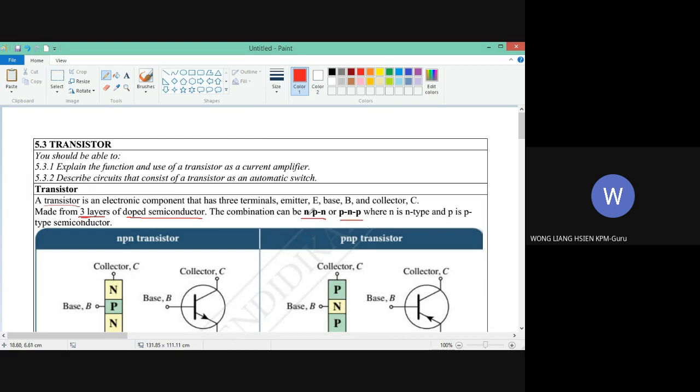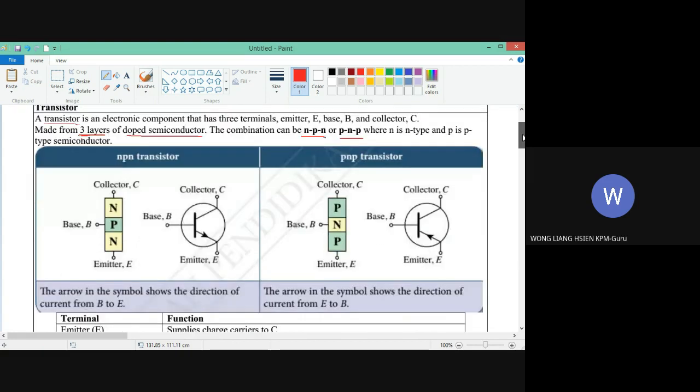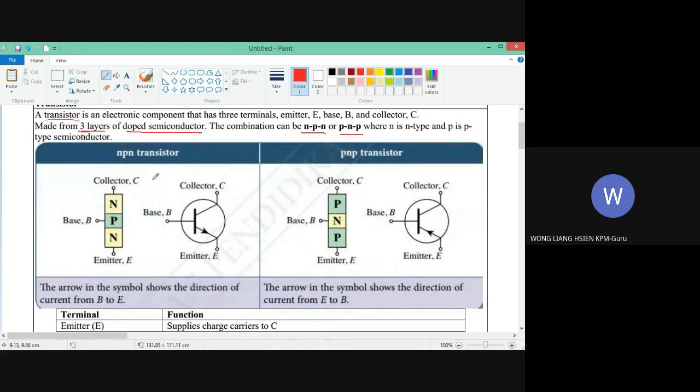That means N-type, P-type, N-type semiconductor stuck together, or P-type, N-type, P-type stuck together. For example, in this diagram, N-type semiconductor is stuck with P-type, stuck with N-type, or P-type stuck with N-type, stuck with P-type. So it forms a transistor.